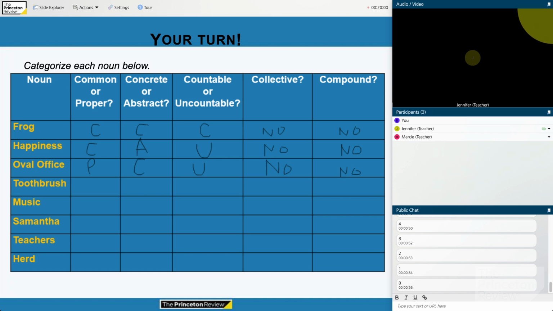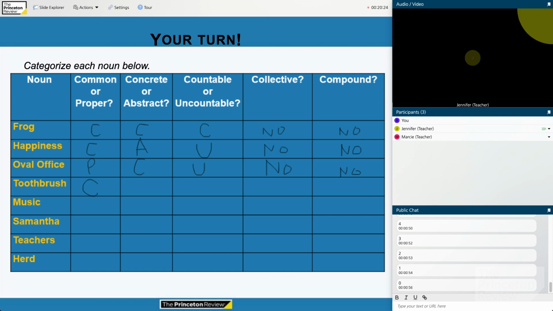Okay, and then music, common or proper, or sorry, backtrack, toothbrush, common or proper. You can have a toothbrush that's made out of plastic or wood or anything. It's just a toothbrush. We don't have a specific one. It's not a brand, so this is going to be common.